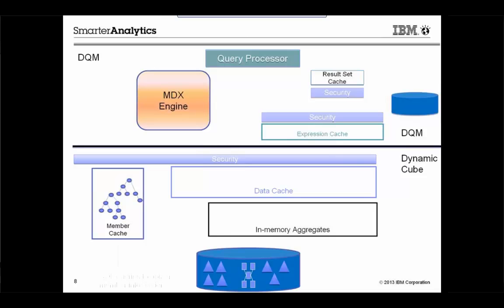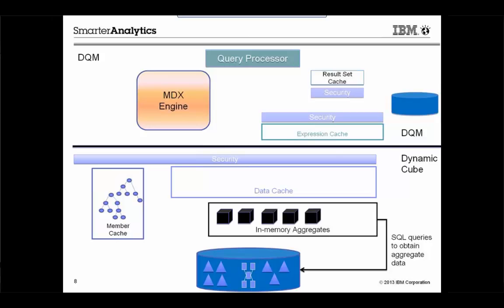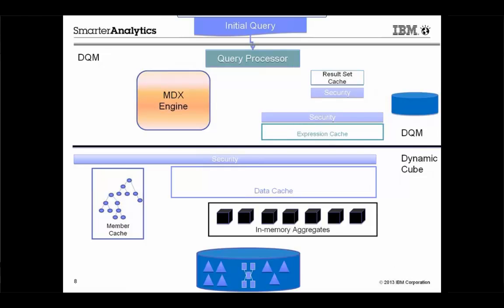At this point, the cube is up and running. It's ready for queries to come in. As I mentioned, if you have any in-memory aggregates defined, they will be loaded in the background in parallel, and SQL queries will be issued against the underlying database to get that aggregate data to fill the in-memory aggregate cache.